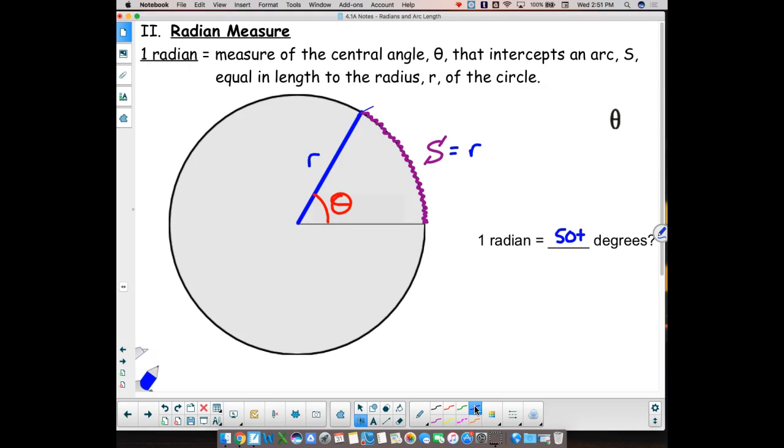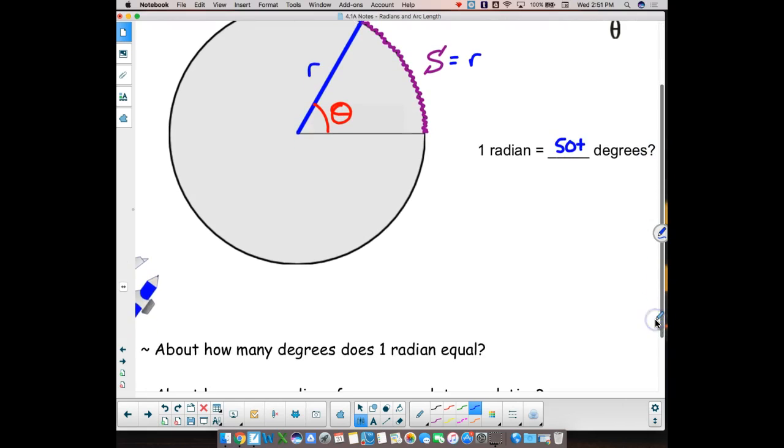So if it took us 360 degrees to get around the circle, right? And you guys said that our 6.28 was 2 pi, right? And those were radii, right? 2 pi radii to get around.